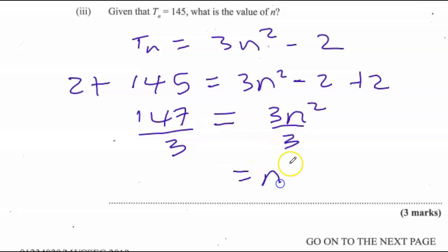So n squared is 147 divided by 3, which is 49. Then n is the square root of 49, so n is 7. In other words, the seventh term is 145. If you substitute n equals 7 into this formula, 3 times 7 squared minus 2 will give you 145.